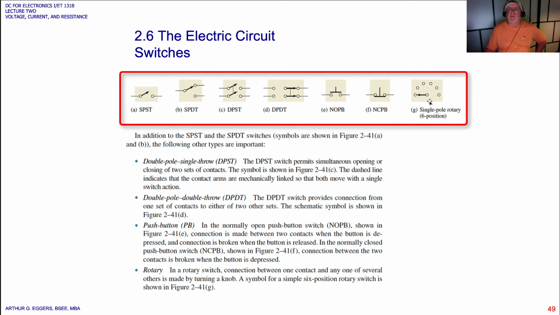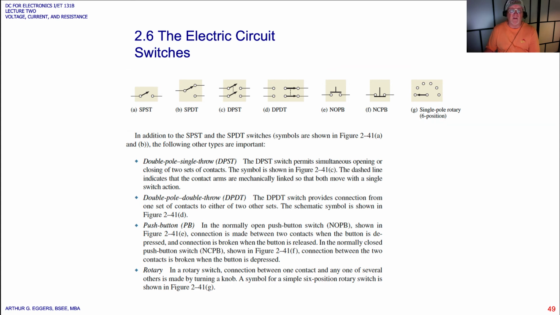And then we have a rotary position. So these are all switches that you need to become familiar with and what they actually look like in their physical sense.